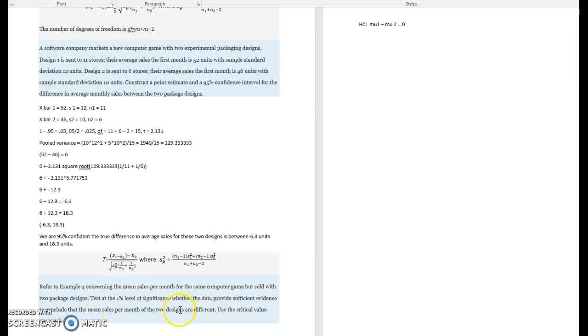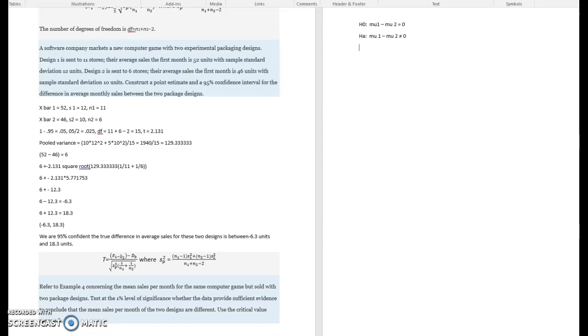So if they're different, it's going to be anything else but 0. So that means our alternate has to be mu1 minus mu2 is not equal to 0.